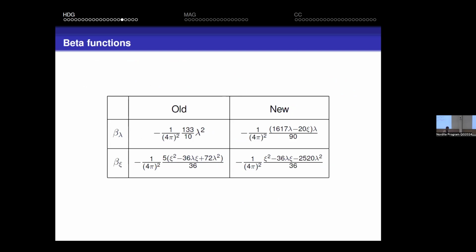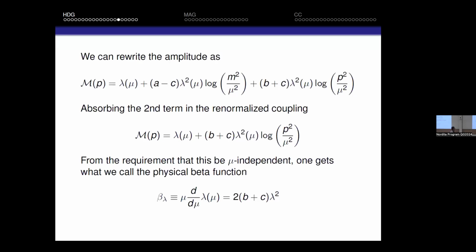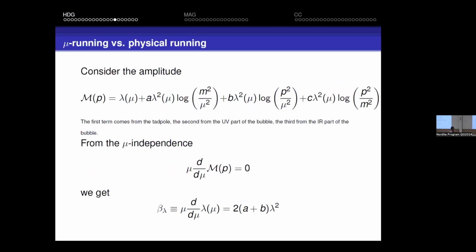Now there's one more thing that I should say, that in this high derivative gravity calculation, the coefficients A, C, and B by themselves in the perturbative calculation are not covariant. But if you take the sum B plus C or the other one, A plus B, those are actually covariant terms.